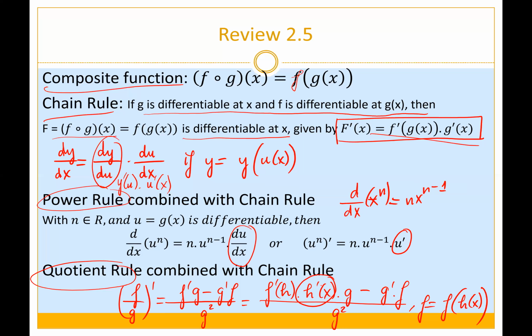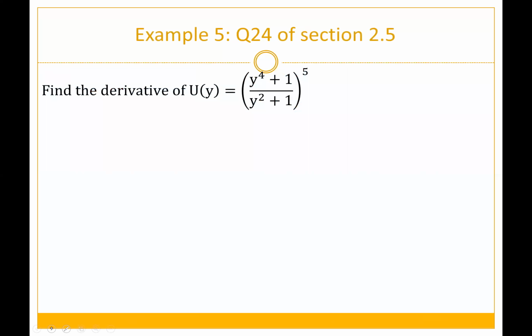I'm going to do an example to make this a little bit clearer. Example 5 is question 24 of this section. Find the derivative of u as a function of y, with u given as this expression. First thing, identify this as the power rule combined with the chain rule.